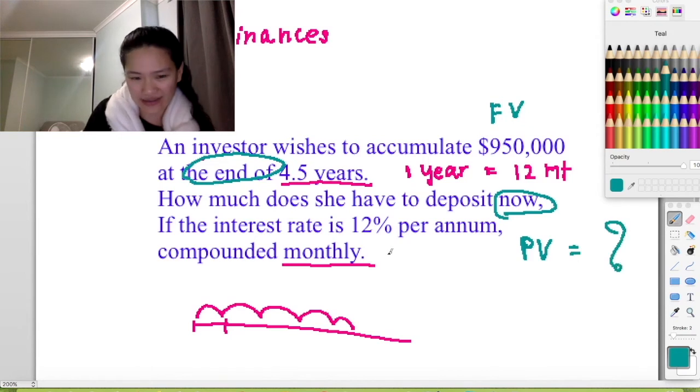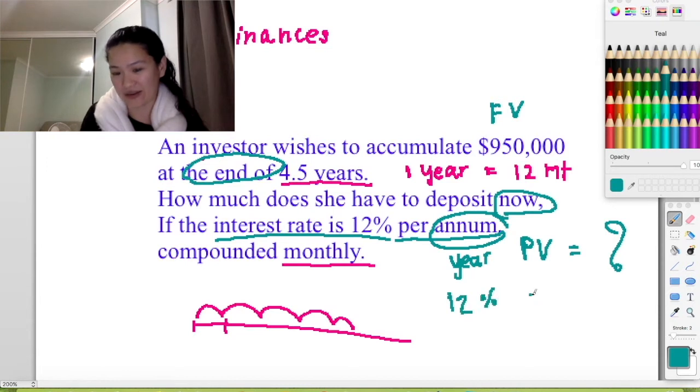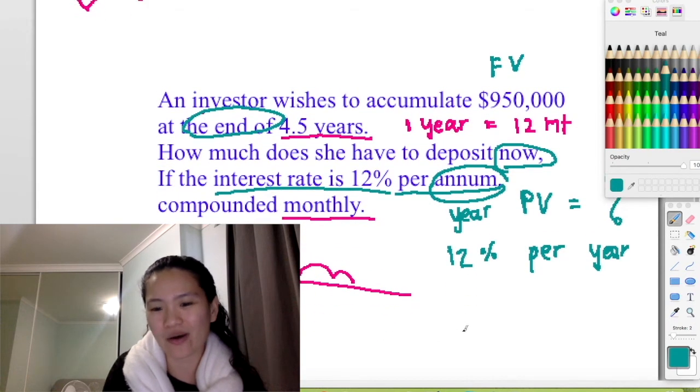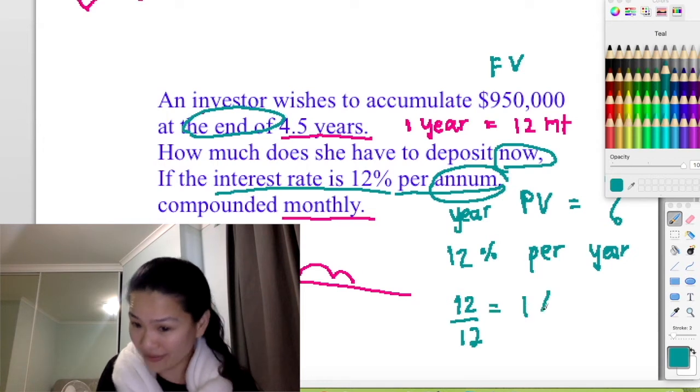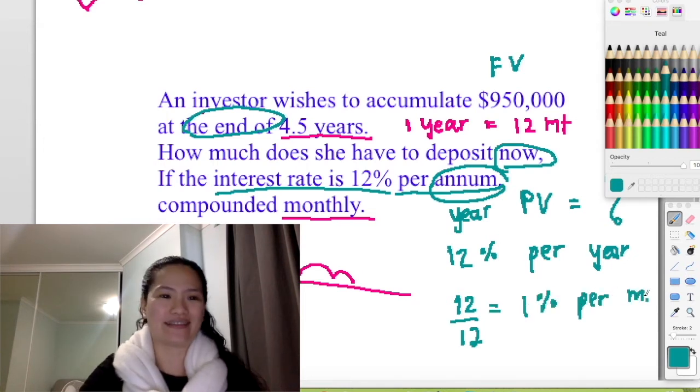The interest rate is 12% per annum. Per annum means per year. If it's 12% per year, and 1 year has 12 months, then it is 1% per month. Is that correct? Okay. Let's see the next step.